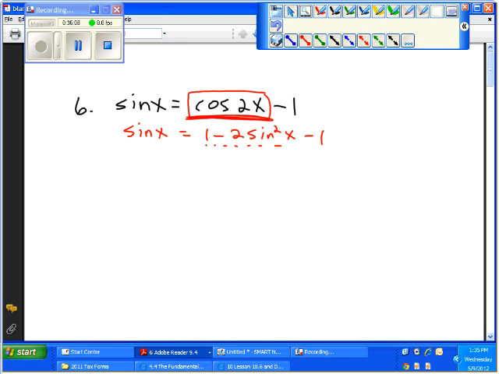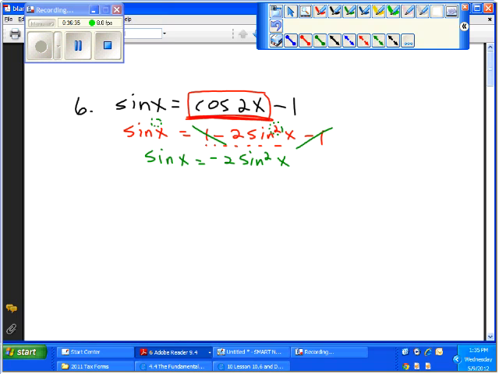We do have a sine square, and we do have a sine to the first power, and so we're thinking quadratic, and this may be another AC method, but the 1's cancel out. And so we have sine x equal negative 2 sine square x.